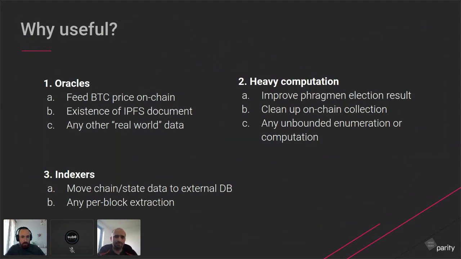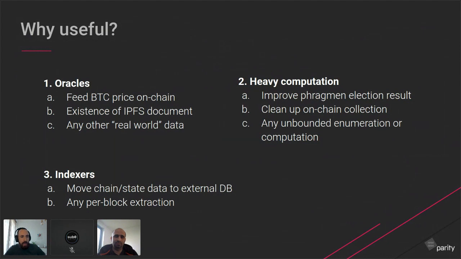When we are building Offchain workers infrastructure, so all the things around Offchain workers, we are basically focusing on the three use cases that you can see here. First of all, blockchains are isolated, so there is no way to get real world data. You usually do that through oracles, and Offchain workers can be used to build such oracles in your blockchain.